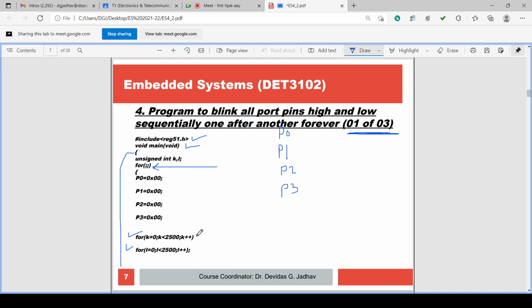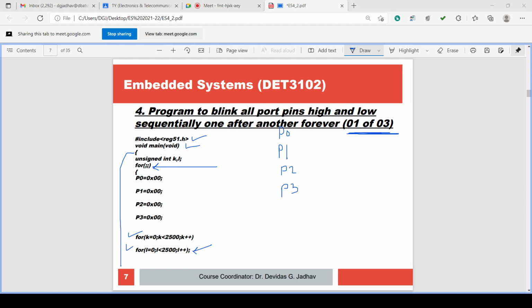At the end of the round bracket of that for loop there is no semicolon. But for the next for loop there is a semicolon.